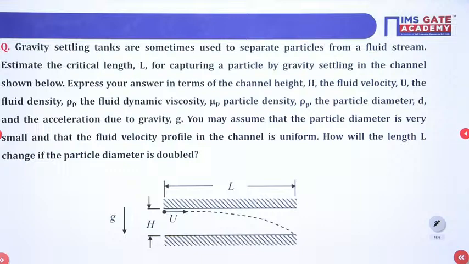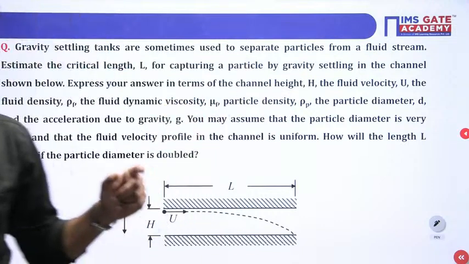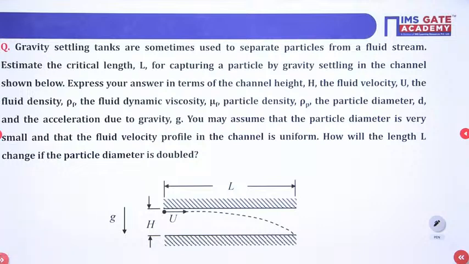Why is this assumption given? That is the very important thing. You may assume that the particle diameter is very small, and the fluid velocity profile in the channel is uniform.